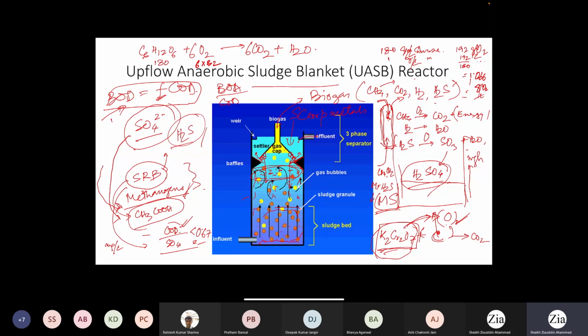So the fourth option is to add some inhibitor, which is very expensive. So you can have certain inhibitors which will mimic a molecule similar to sulfate. And one of the candidates is the molybdate ion.